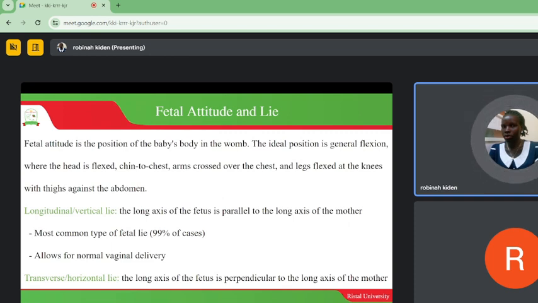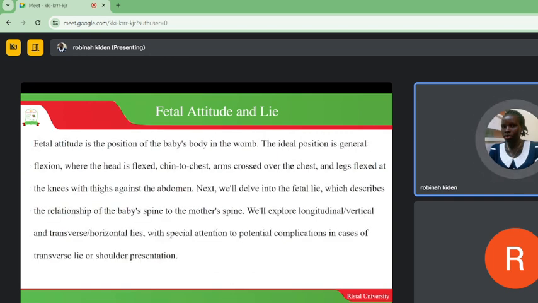When we look at the transverse or horizontal line, the long axis of the fetus is perpendicular to the long axis of the mother. So the fetus is crossing across instead of lying parallel to the mother's spine. It is crossing, and this is not safe at all.